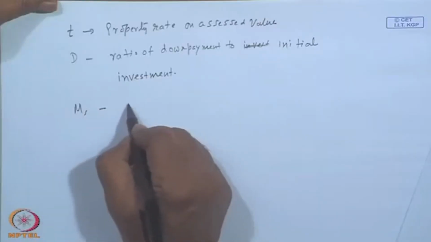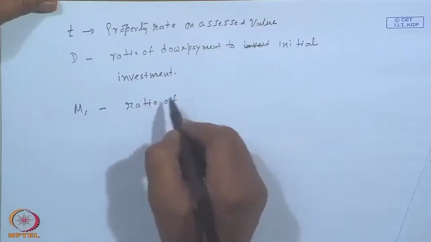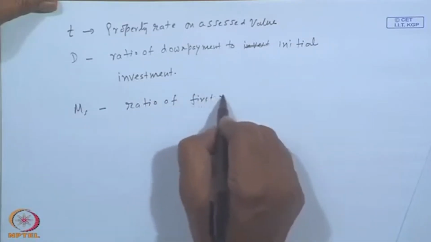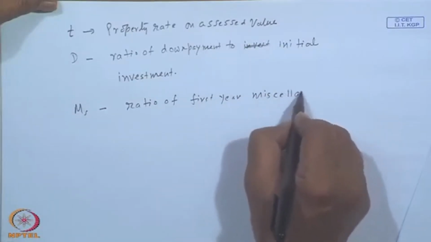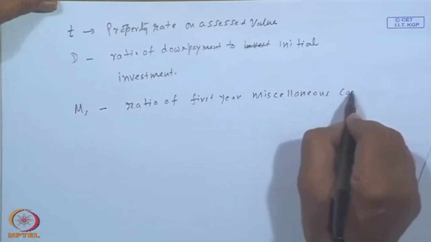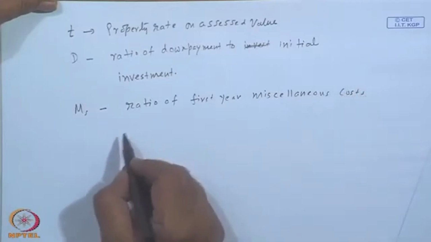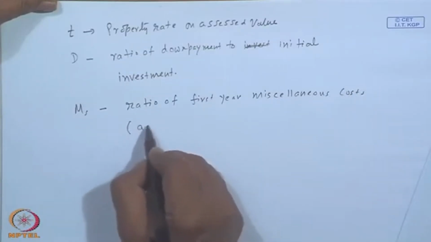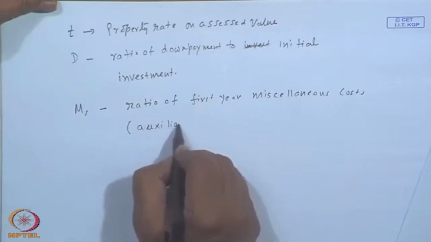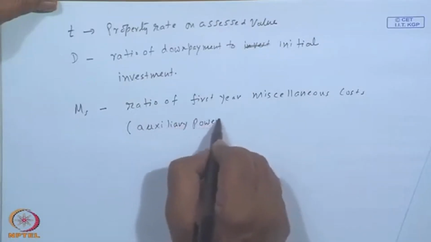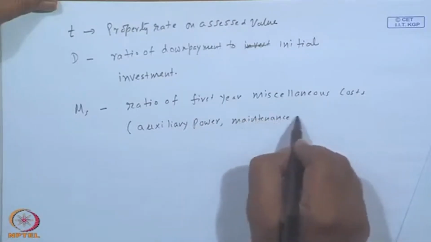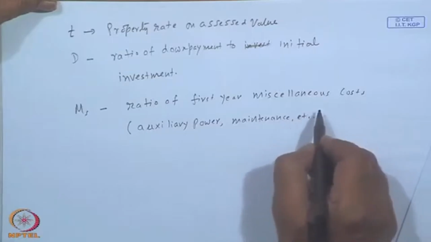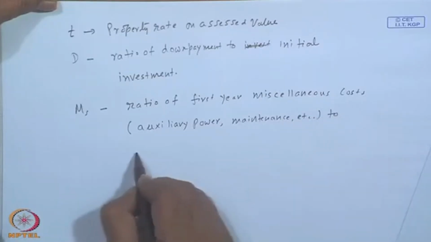That is called the down payment. And MS is the ratio of first year miscellaneous costs, this could include auxiliary power, maintenance, etc., to initial investment.